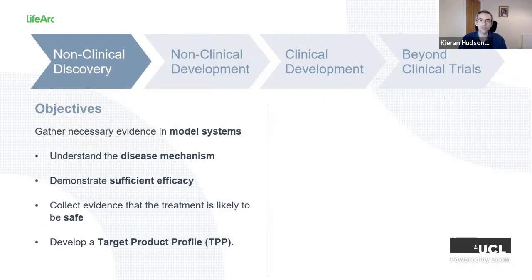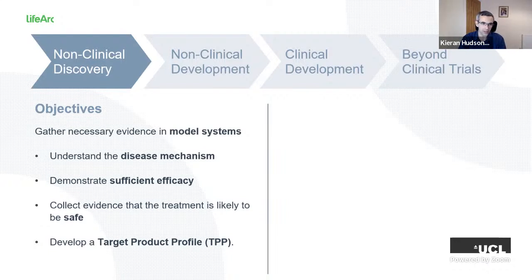The information that you gather here will also direct the non-clinical development studies. And the typical entry point here is generally once, from your ongoing underpinning research, you have a thesis for a therapeutic approach and you want to take it forward and develop it.